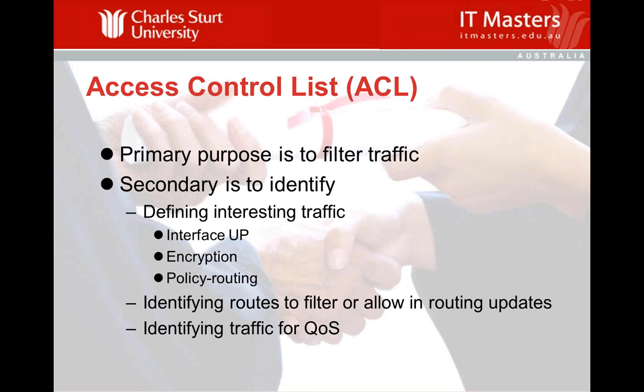You use your access list to match those different types of traffic and place them into the corresponding QoS queue. So you match on voice, you put it in expedited forwarding. You match on your call signaling, you put it into AF31. Those sorts of things. So you use a lot of ACLs in your QoS.